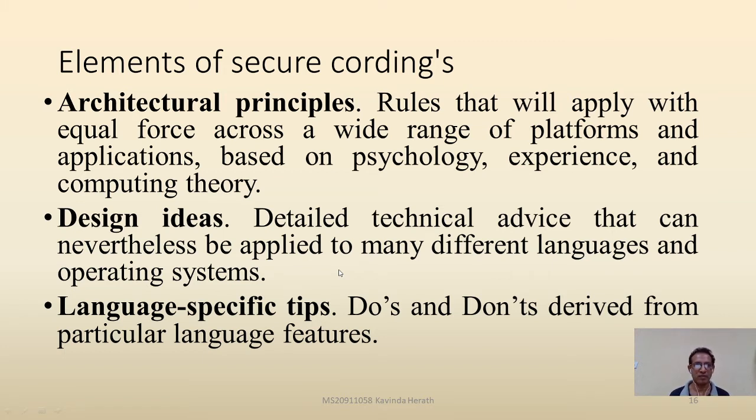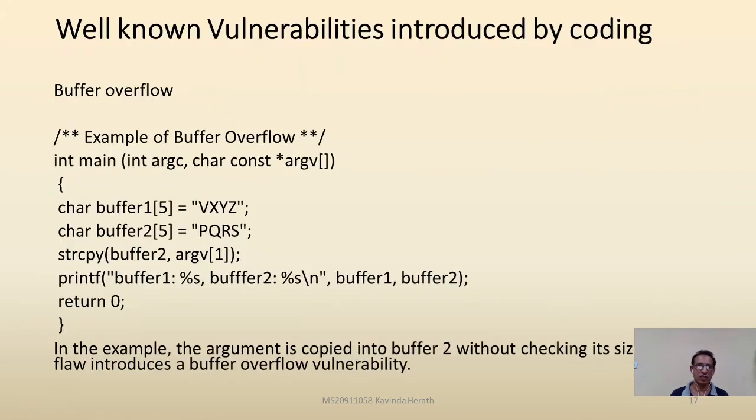The architectural principles should be there. And design ideas, great ideas with technical details and advice that can nevertheless be applied to many different languages and operating systems. Language-specific tips, especially for Java, or Python, or C++, derived from particular language features, are all included as elements of secure coding.